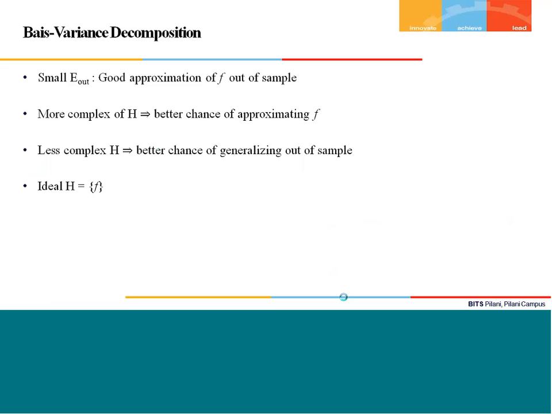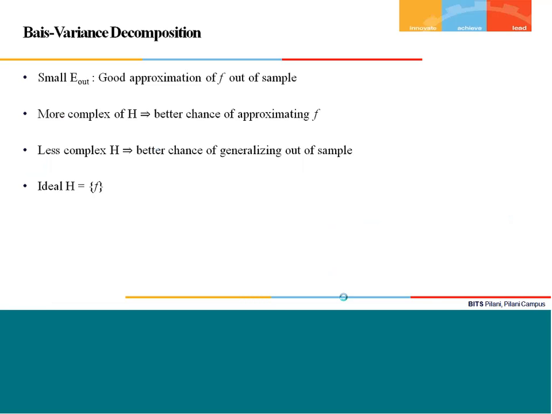So bias variance decomposition. Small E out is a good approximation of F out of sample. In short, in curve learning or linear models, we were given some examples, and from those examples we were trying to learn the hypothesis, or the true function.